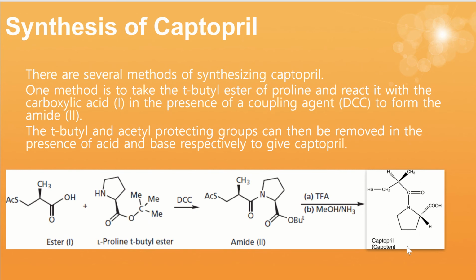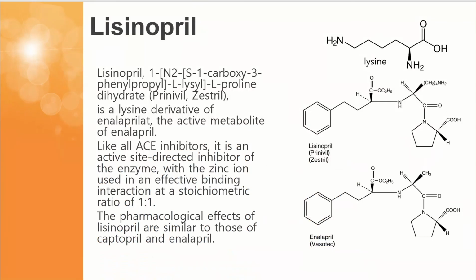Two important points here: the protecting groups used, we can put them on and take them off to protect a particular functional group. And of course, our new bond formation between our nitrogen and our carbonyl carbon, and the loss of water with our coupling agent, caused the entire synthesis.